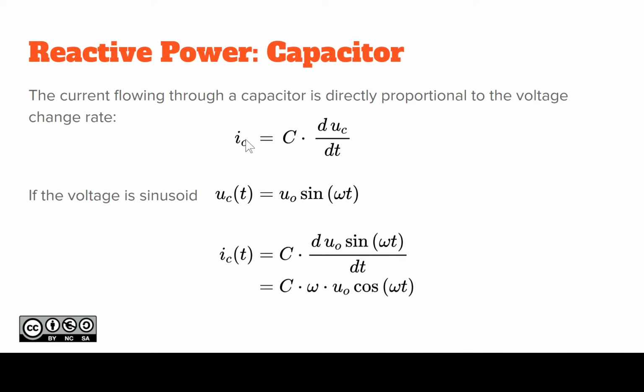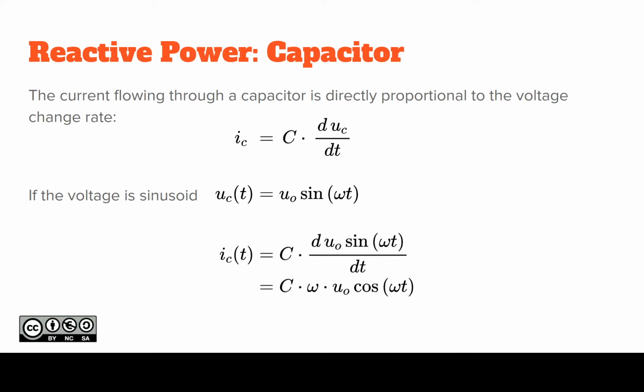It tells that the current flowing through the capacitor is directly proportional to capacitance and the change rate of the voltage. So that's just the time derivative of the voltage. And if the voltage is sinusoid, it has amplitude U0 and the angular frequency omega.